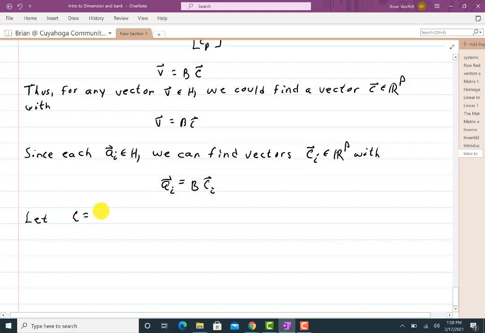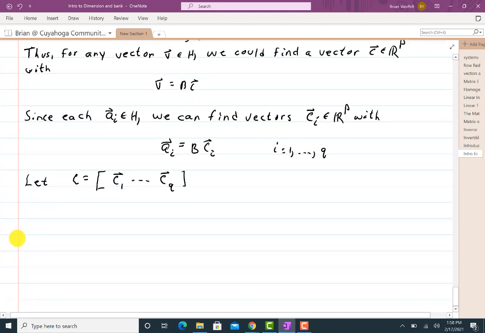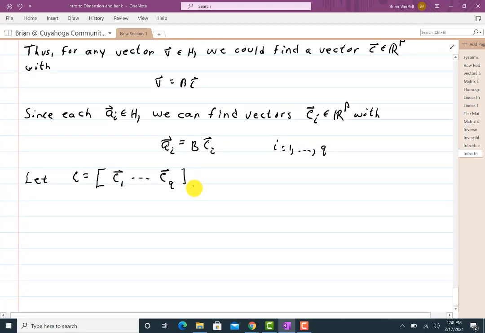Let the matrix C equal the matrix with columns c1 up to cq. Remember, the ai's go from i equals 1 up to q. So C equals that.